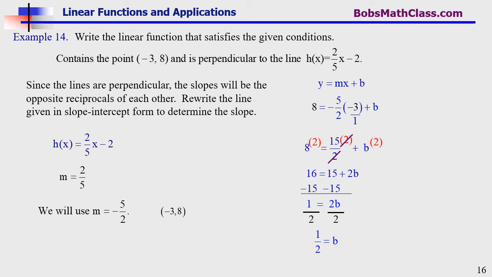We've done all the work. Now we just got to replace the m with -5/2 and the b with 1/2. And instead of y, use f of x or g of x, whatever you want to use. So f of x equals -5/2 x plus 1/2.